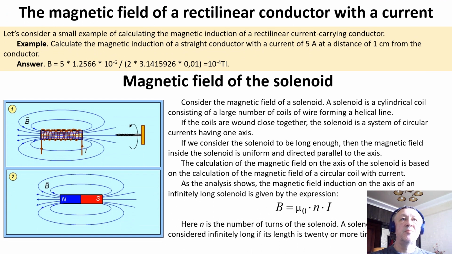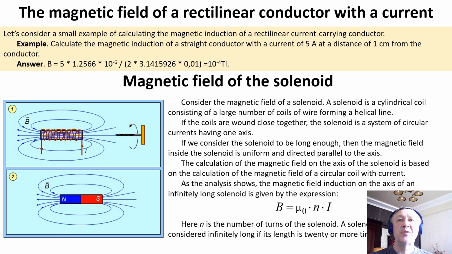Let's consider a small example of calculating the magnetic induction of a rectilinear current-carrying conductor. Our example: calculate the magnetic induction of a straight conductor with a current of 5 amperes at a distance of 1 centimeter from the conductor.